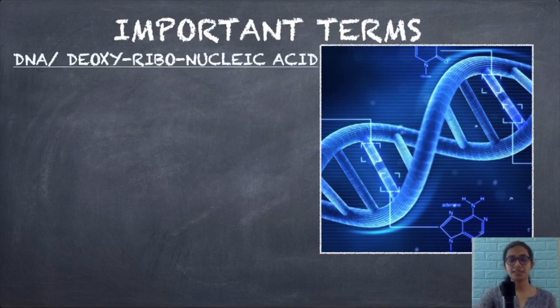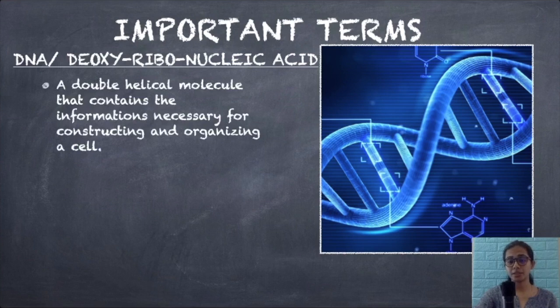Now DNA stands for deoxyribonucleic acid, right? It is a double helical molecule. That means what is the structure of the molecule? Double helical, okay? And it is a large molecule, as we have already discussed. A double helical large molecule that contains the information necessary for constructing and organizing a cell. That means the information contained in the DNA tells a cell how it should develop, how it should be constructed, right?